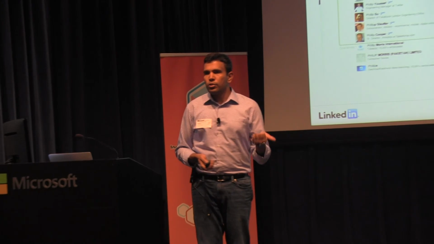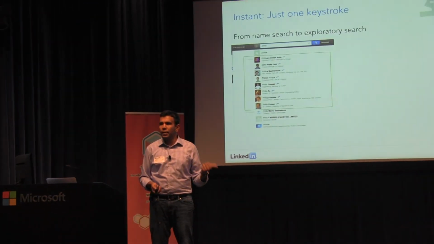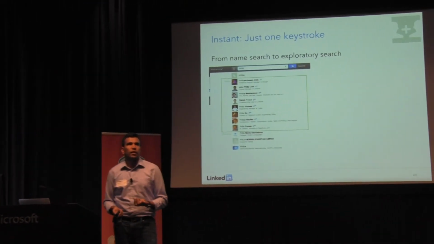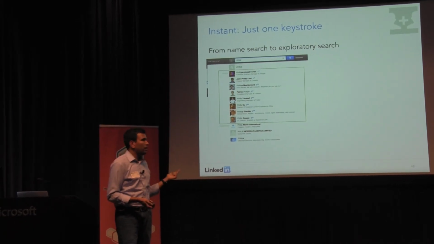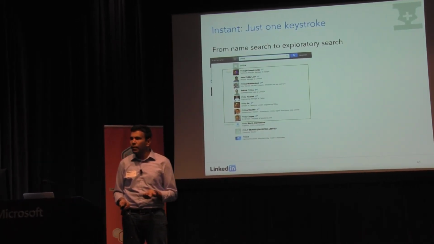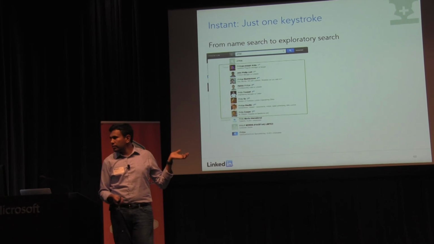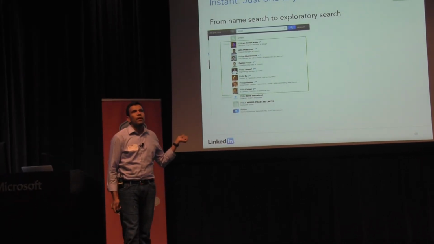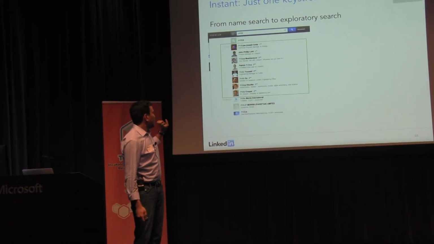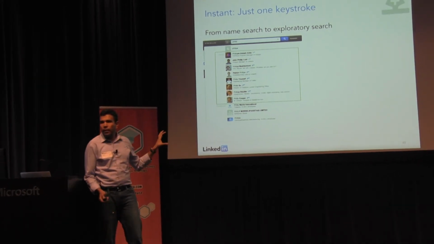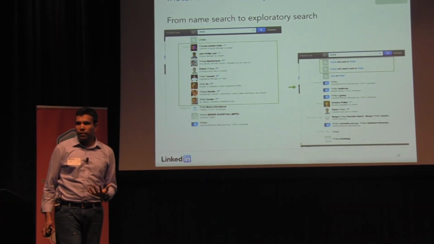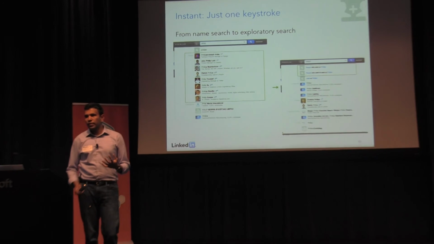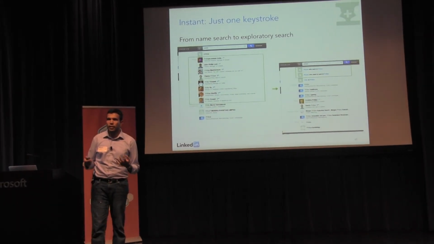In fact, all it takes is one keystroke for you to go from name search to exploratory search. In this case, you start off with Phillip, which is a very likely first name. We show you instant results for Phillip. In this case, there are 8 people with first name Philip. You type in a S, and suddenly Philips is a company entity.